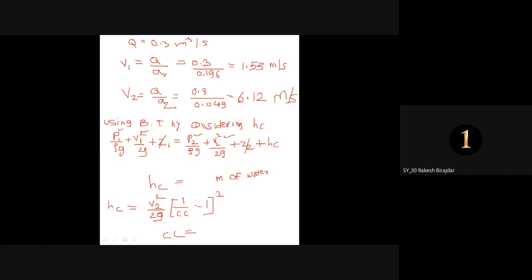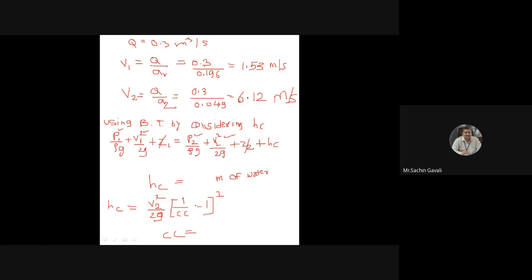Sir, CC we can also calculate by A1 by A2. We know A1 and A2 also. So the coefficient of contraction is equal to A1 by A2. But that is a rough value. That is in terms of orifice.